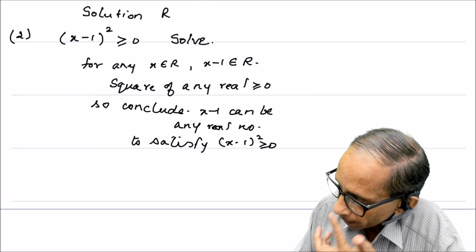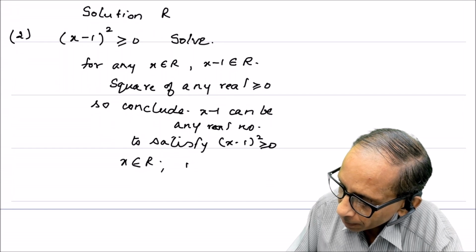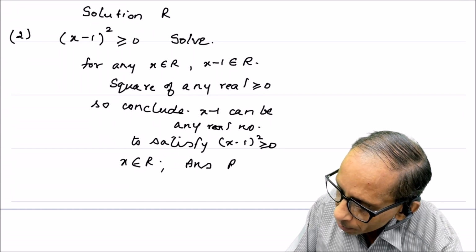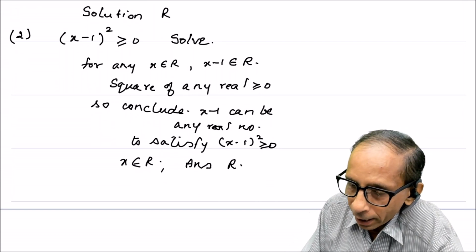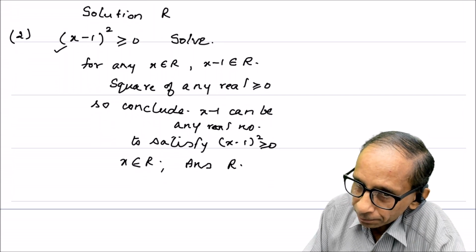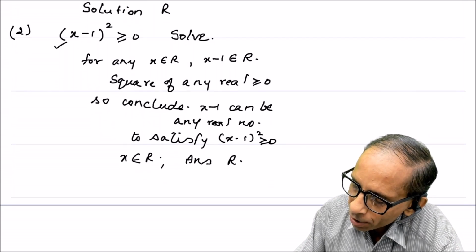So x can be any real number, and we conclude that the answer is all real numbers are allowed for this particular quadratic inequality. We now go for a slightly more general situation.